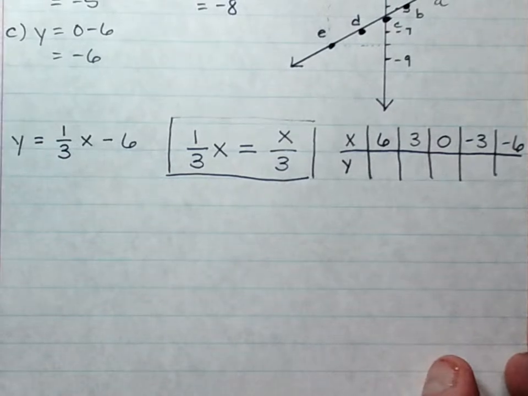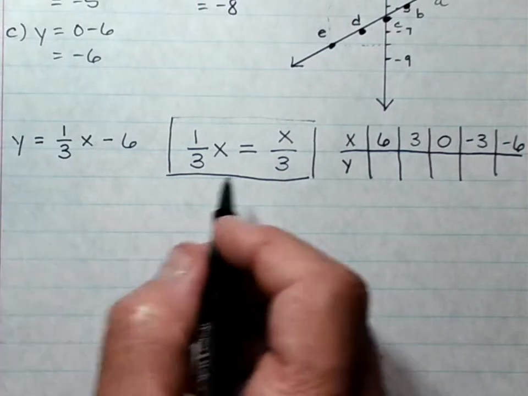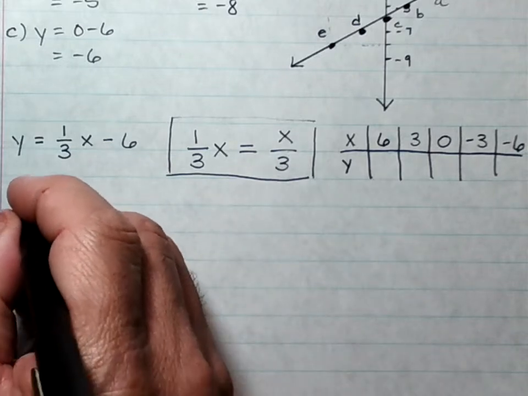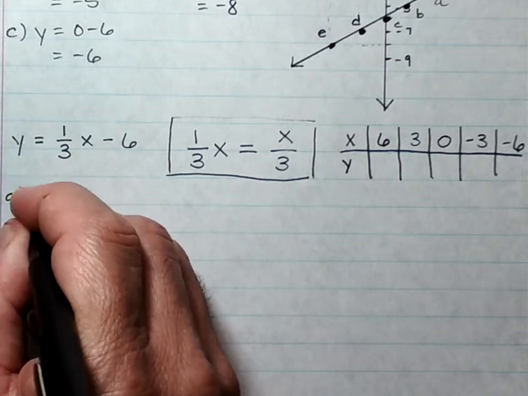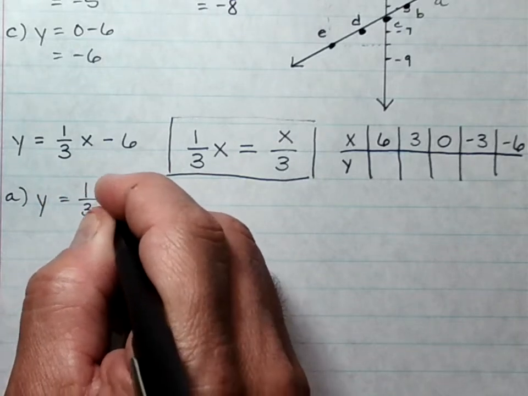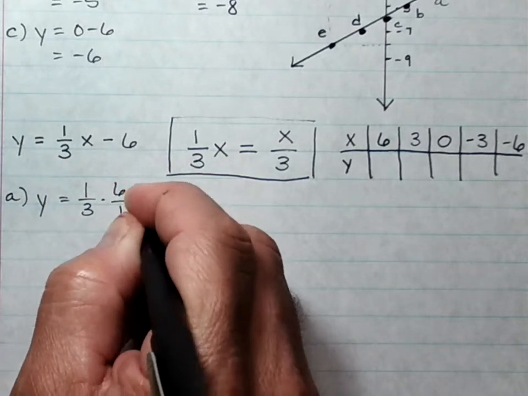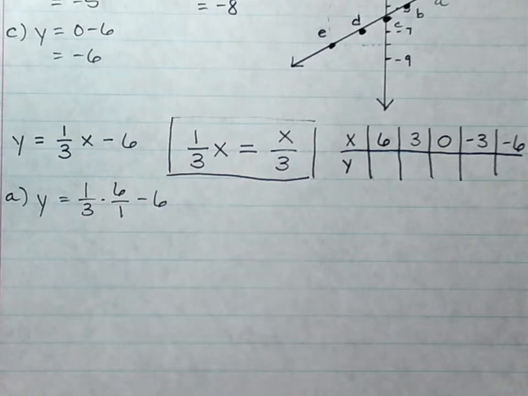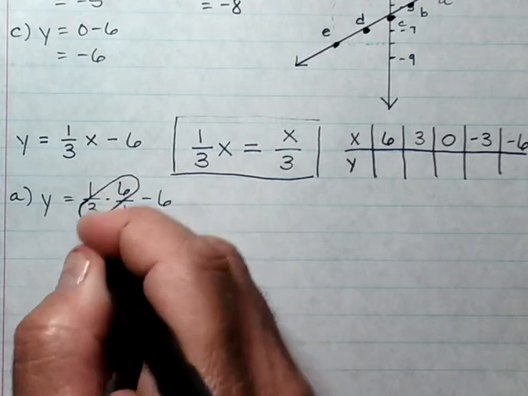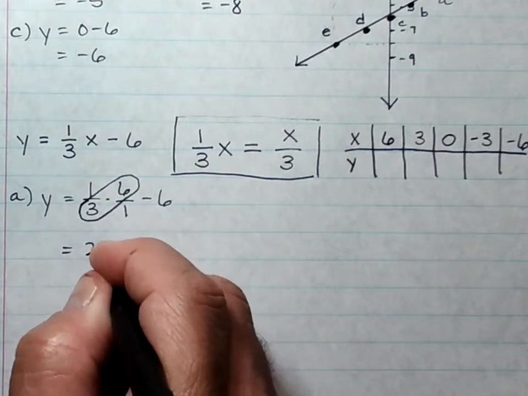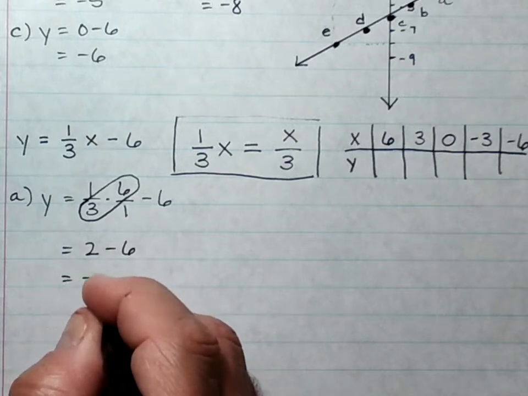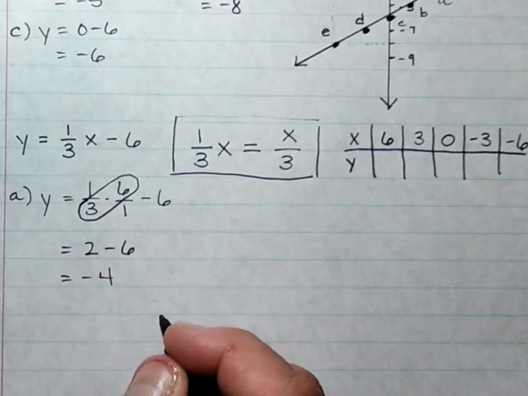So let's scoot the paper over. Now we'll just start plugging away at this. Don't forget, 1/3 x is the same as x over 3. So here's A. Y is equal to 1/3 times 6 minus 6. What we're asking ourselves is, what is 6 over 3? That's 2. 2 minus 6 is negative 4.